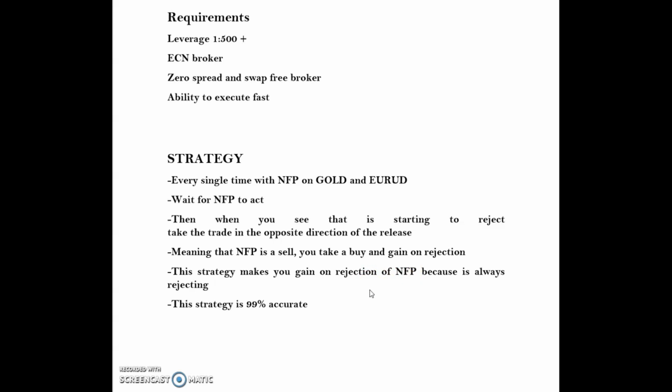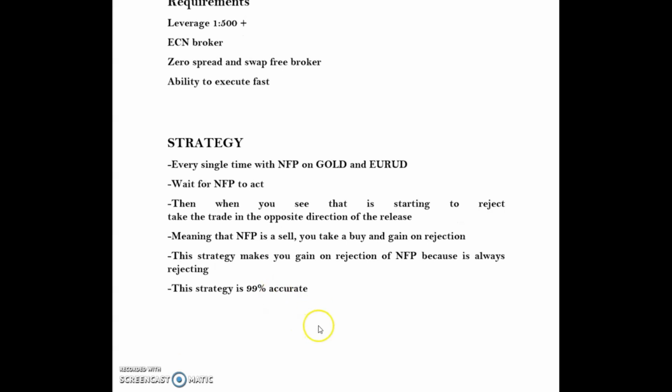The currency reflects what the economy is doing. So you can't have the market dropping to zero, because it is not possible that the economy is at zero, right? So there will be a rejection, and then that's when you maximize on it.